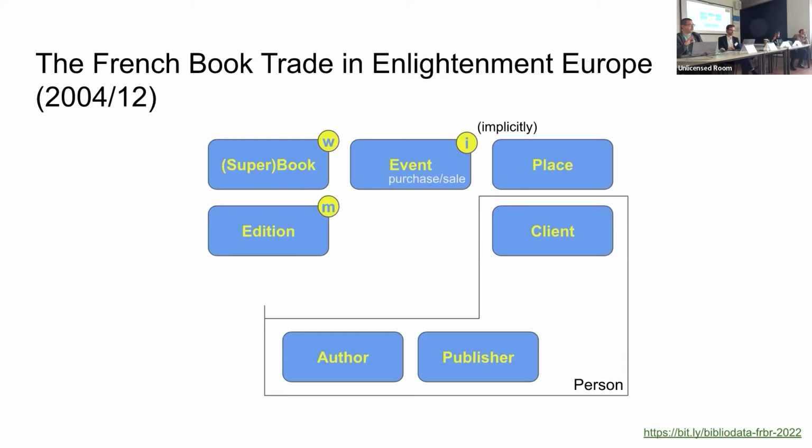They had a prominent role in the French Enlightenment. And the peculiar thing is that their archive remained intact. And they have different types of materials. They have the inventory books, they have sales books, they have letters, and so forth.